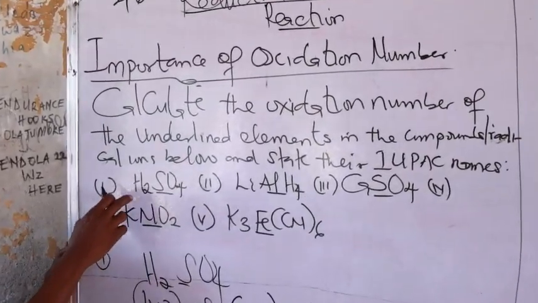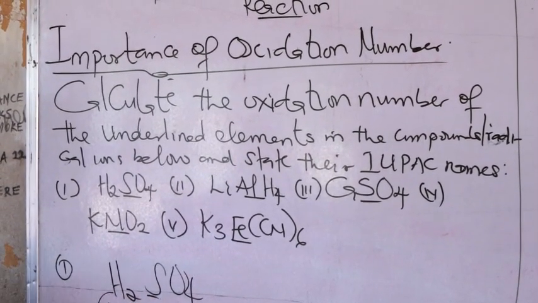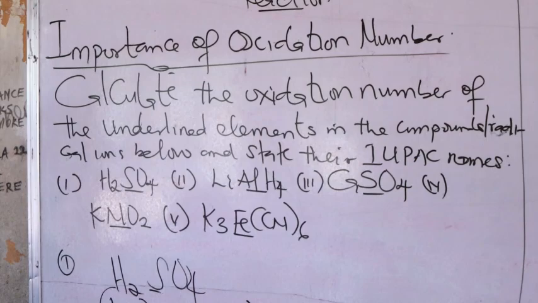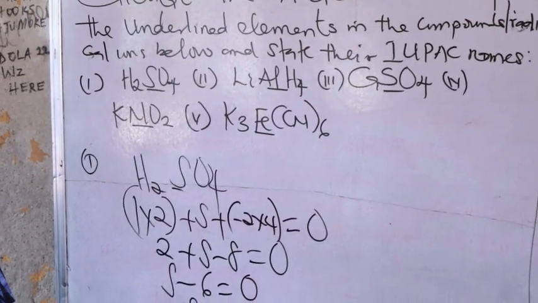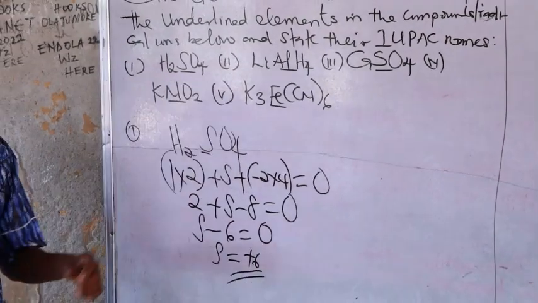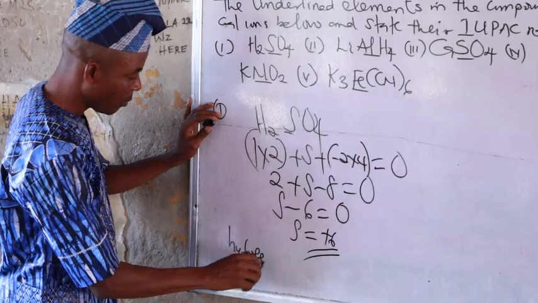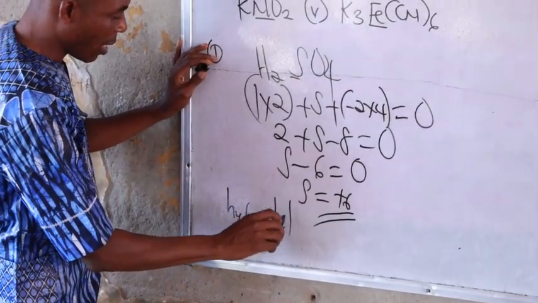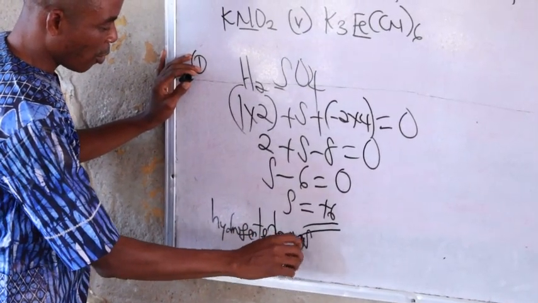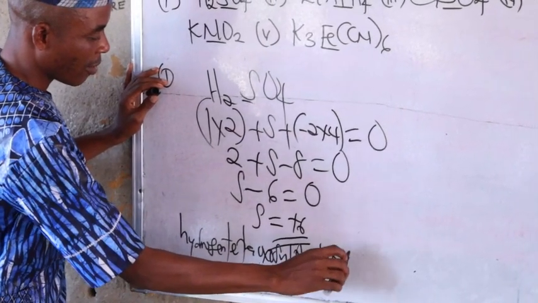You can say hydrogen tetraoxosulfate 6, or you can say tetraoxosulfate 6 acid. That means the word acid has taken care of the hydrogen. So the name of the compound is hydrogen tetraoxosulfate 6.